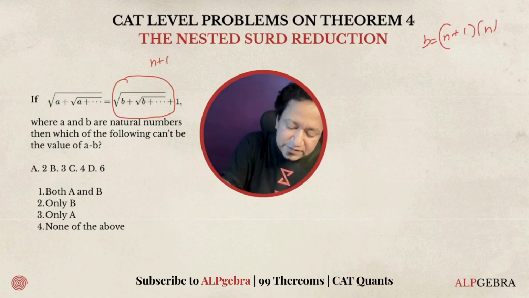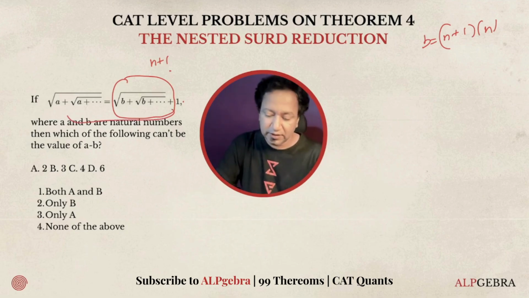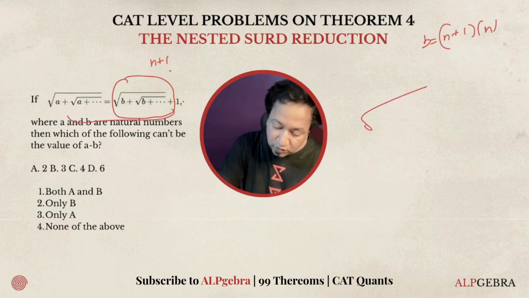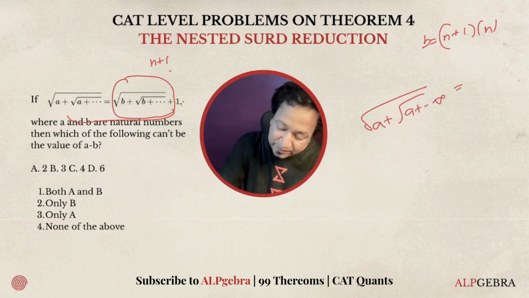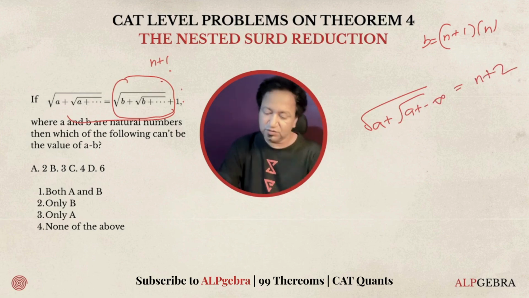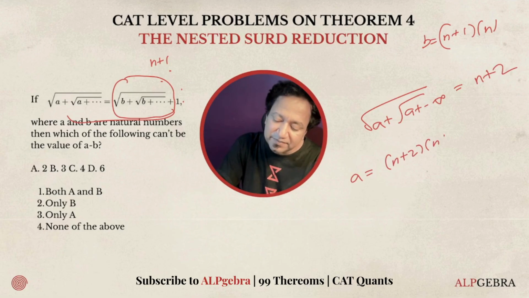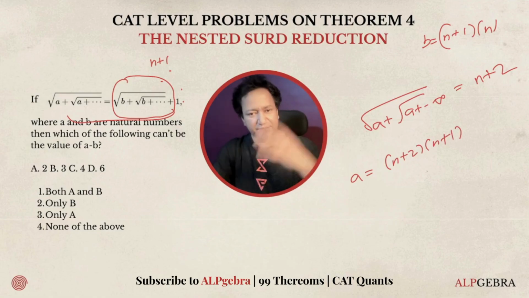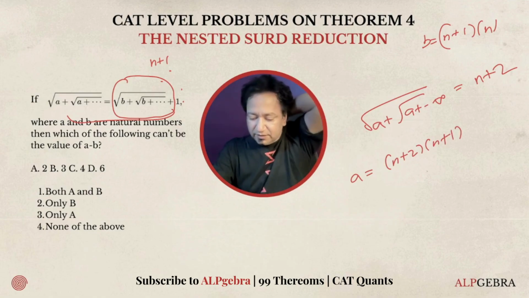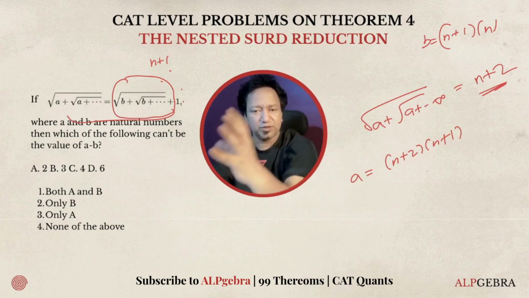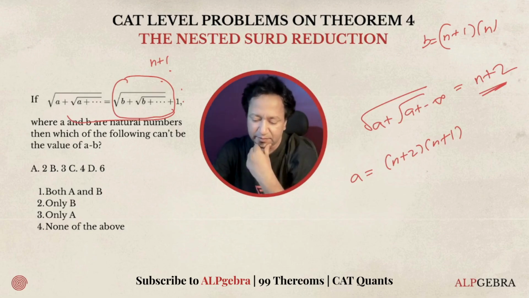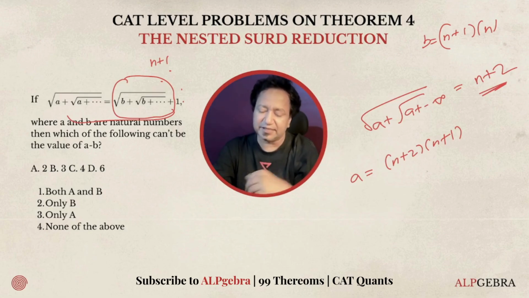So this whole is n plus 1, and that is n plus 2. Now, what does that mean? That means the value of A would have been n plus 2 multiplied by n plus 1. You understand that really well from the theorem I told you in the last video. So this whole is n plus 2, which was the greater multiple, so A itself would have been this.